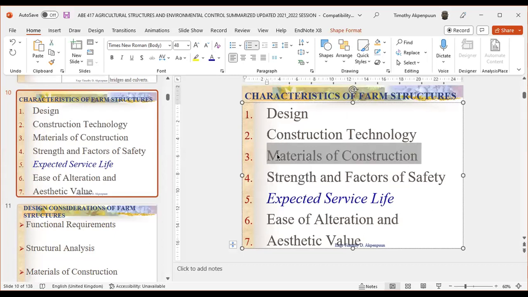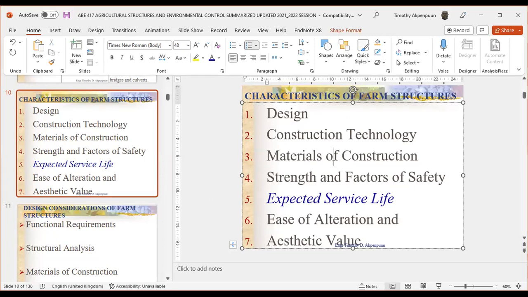Materials of construction. What materials? What is the budget of the investor? Can he afford to go for steel? Or will he rather prefer aluminum pipes? Materials of construction. Strength and factors of safety.